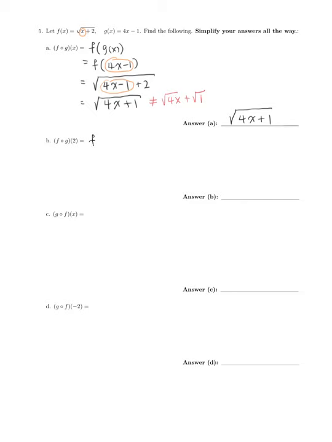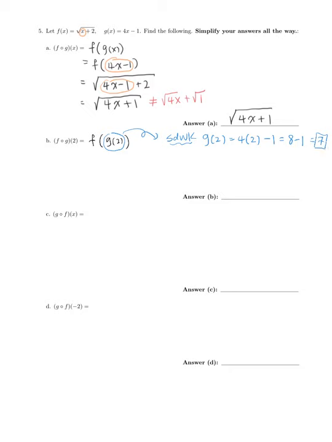So this means f of g of 2. Now, as a side work, first compute g of 2. Okay, so I'm going to bring it over here. Side work. G of 2, so that's going to be 4 times 2 and then minus 1. So what is that? 8 minus 1, which is 7.